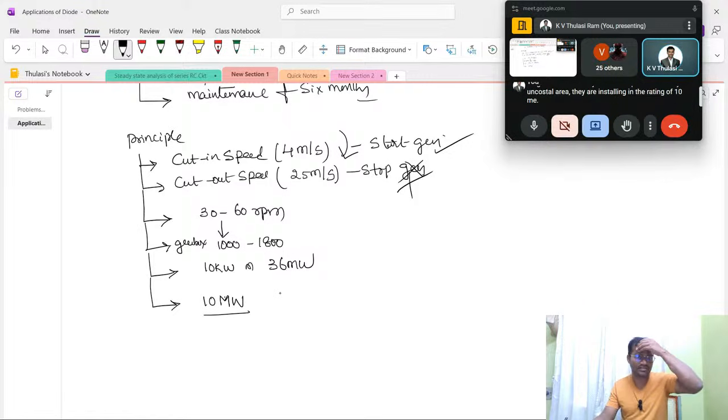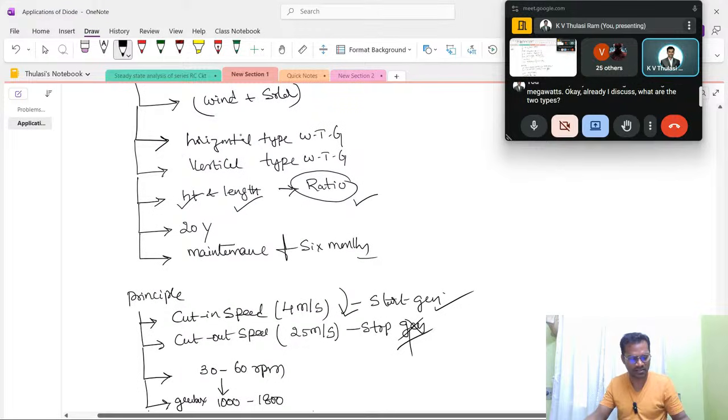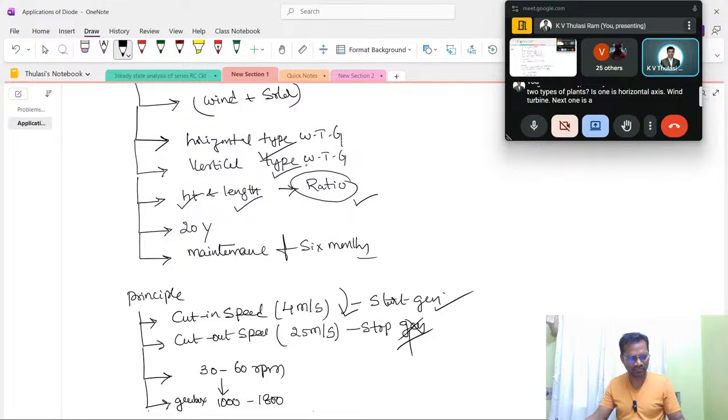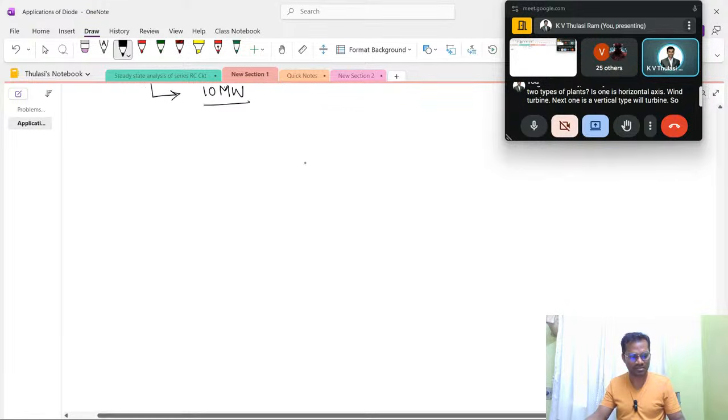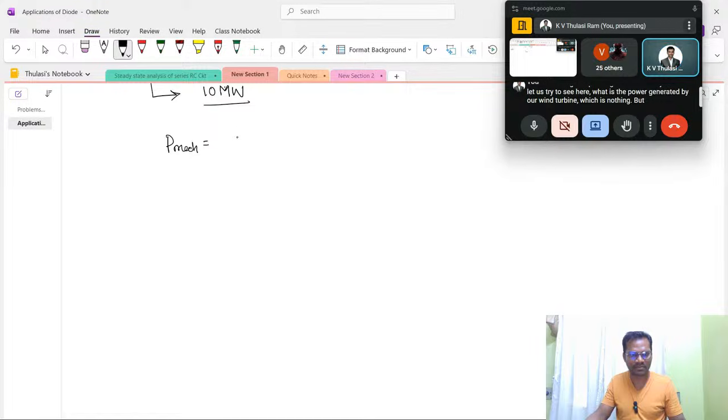I already discussed the two types of plants. One is the horizontal axis wind turbine, and the next is the vertical type wind turbine. So what is the logic of power generation? Let us see the power generated by our wind turbine, which is the mechanical power given by the formula P = 1/2 × rho × A × V^3 × Cp.